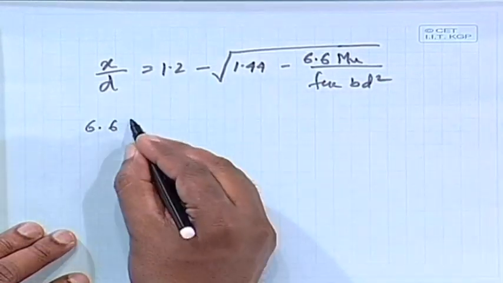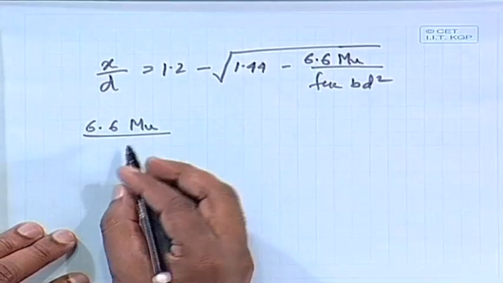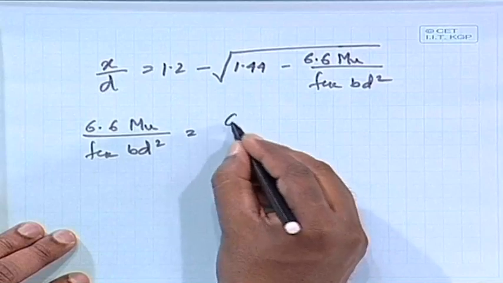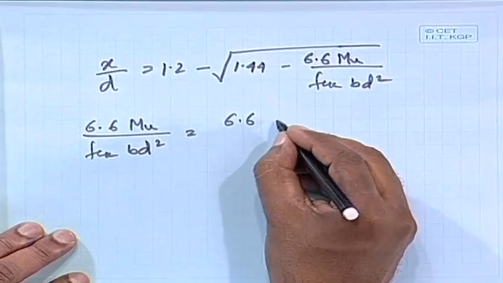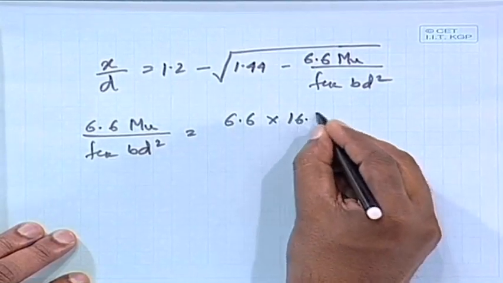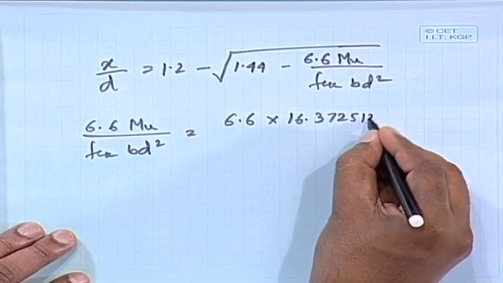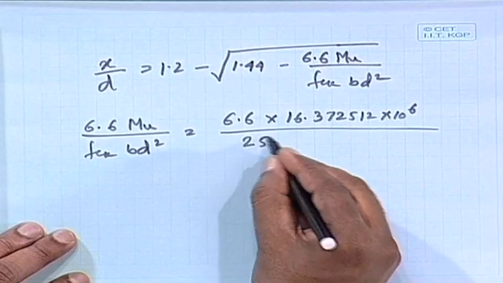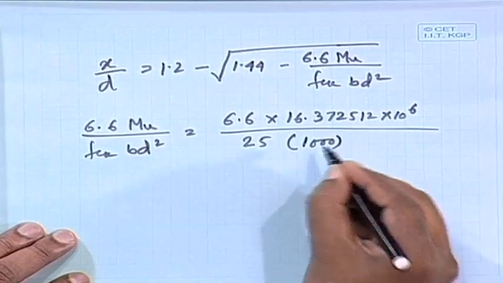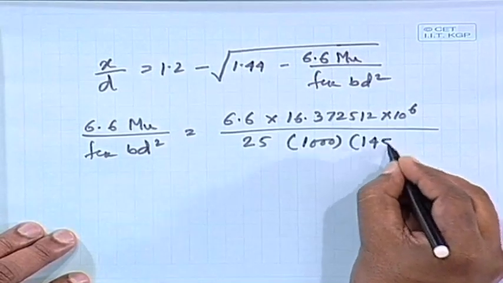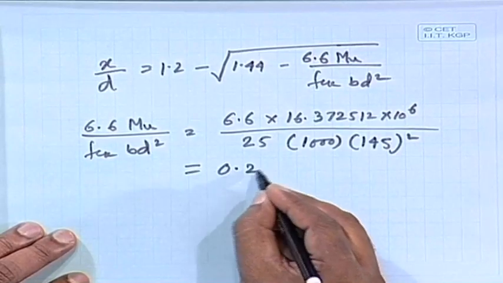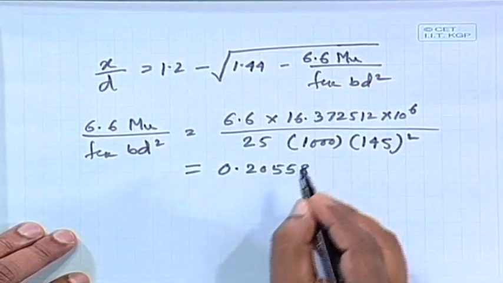Let us find this part separately. 6.6 times 16.372512 into 10 to the power 6 Newton millimeter divided by 25 times 1000 per meter width times 145 squared, that is the effective depth, which comes as 0.20558.